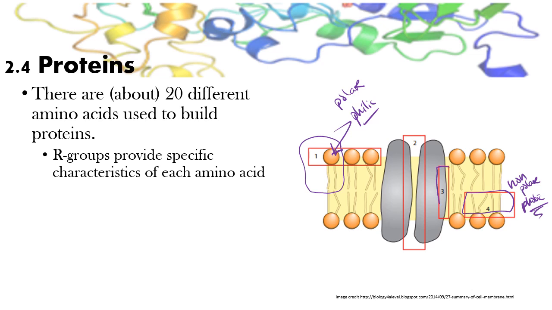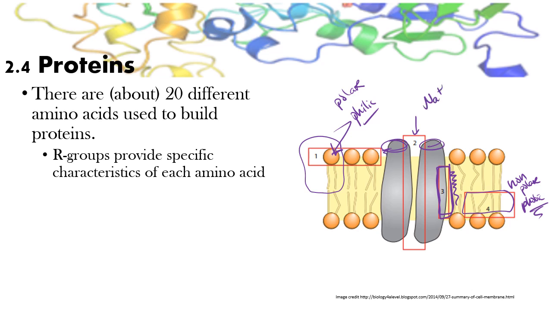So this chunk of the protein, these amino acids that make up this piece of the protein, since they're sitting next to all of the non-polar hydrophobic fatty acid tails, this part of the protein needs to also have non-polar hydrophobic amino acids. These pieces of the protein, the chunks that stick out of this cell, the chunks that are next to the hydrophilic phosphate heads, these all need to be polar amino acids, hydrophilic amino acids, to make up these pieces of the protein.